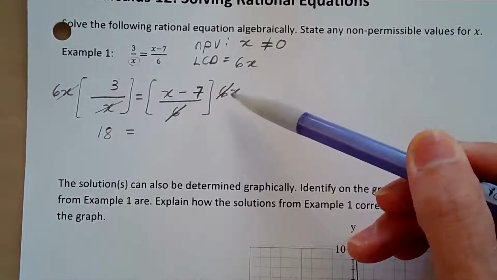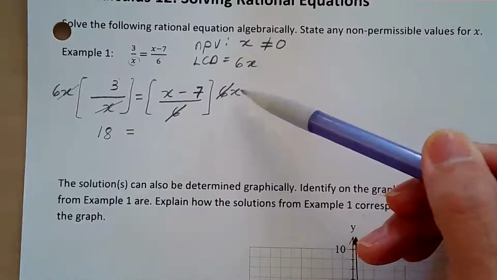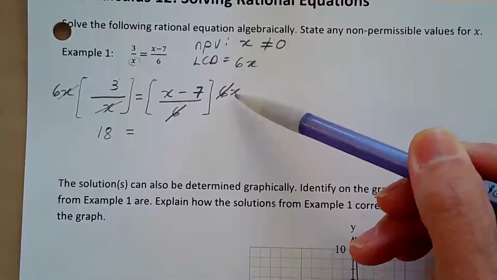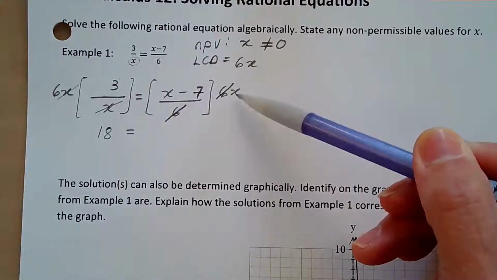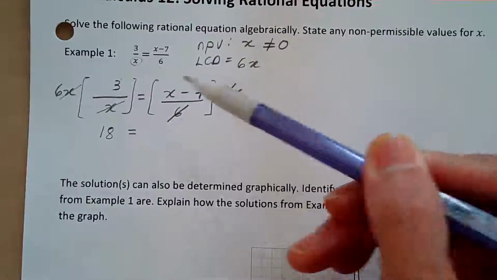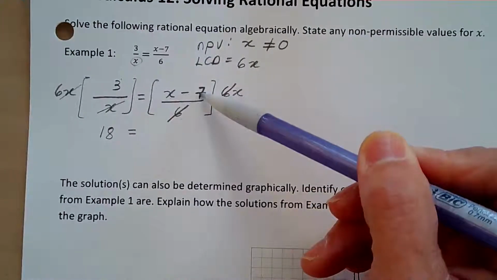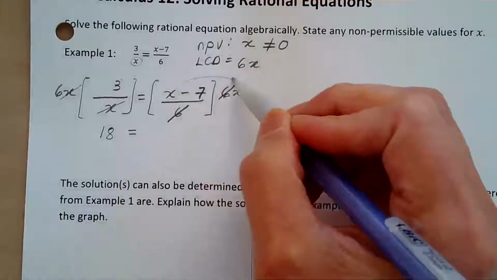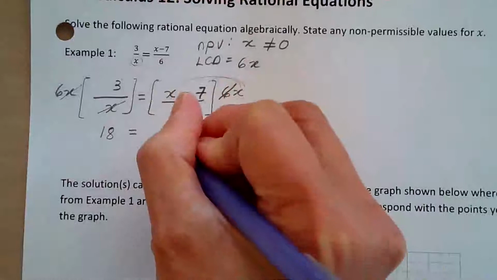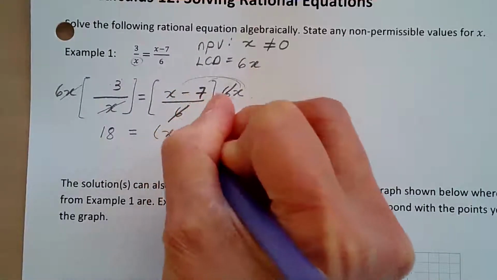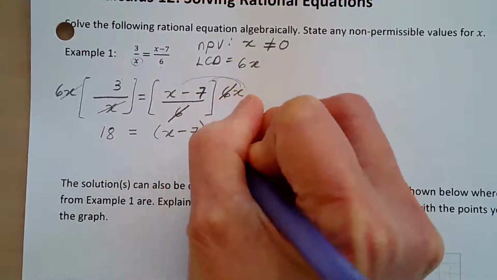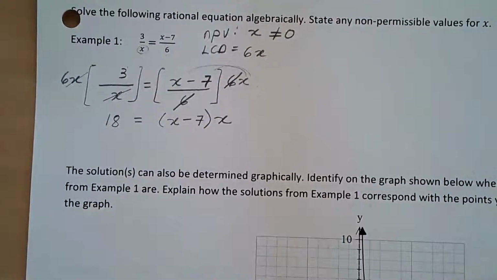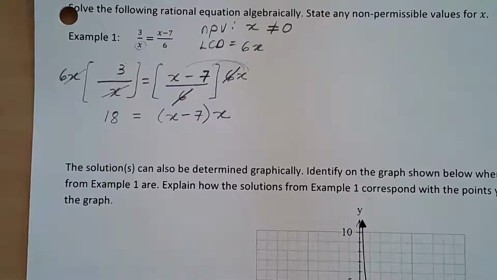Some people are already saying x squared minus 7x, right? And that came to be because you have x minus 7 times x. So you're going to multiply this in there. Whoever is watching this video later on, you know what's going on.